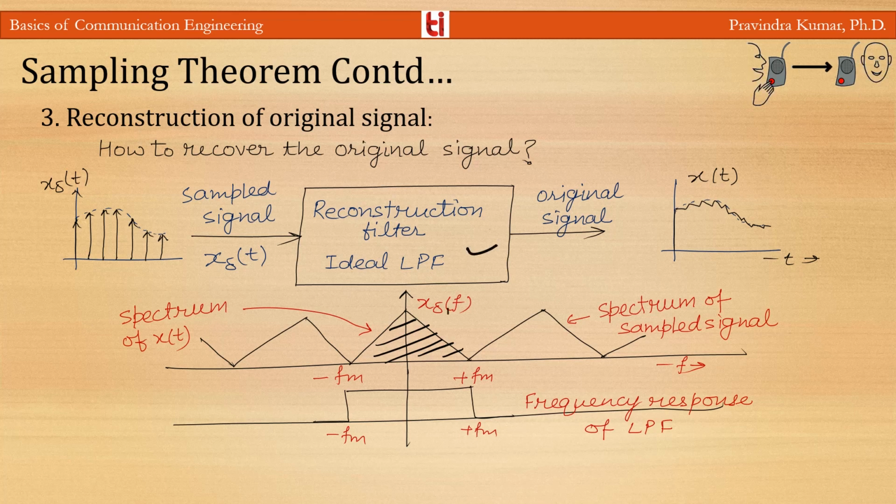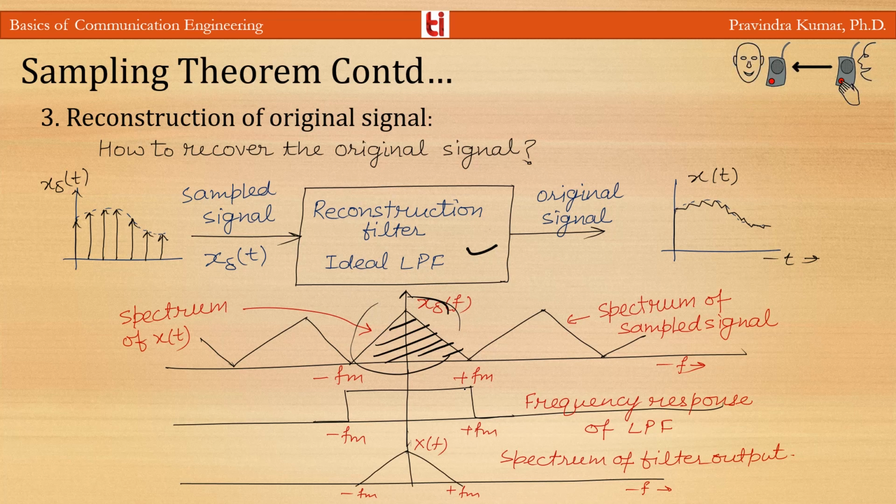From the low pass filter, only this portion will be passed out, and it will block all other frequency components. So only the frequency components corresponding to x(t) will be the output, and x(t) is recovered back. Here we recover the spectrum of our original or message signal. This is the idea behind the reconstruction of the original signal.